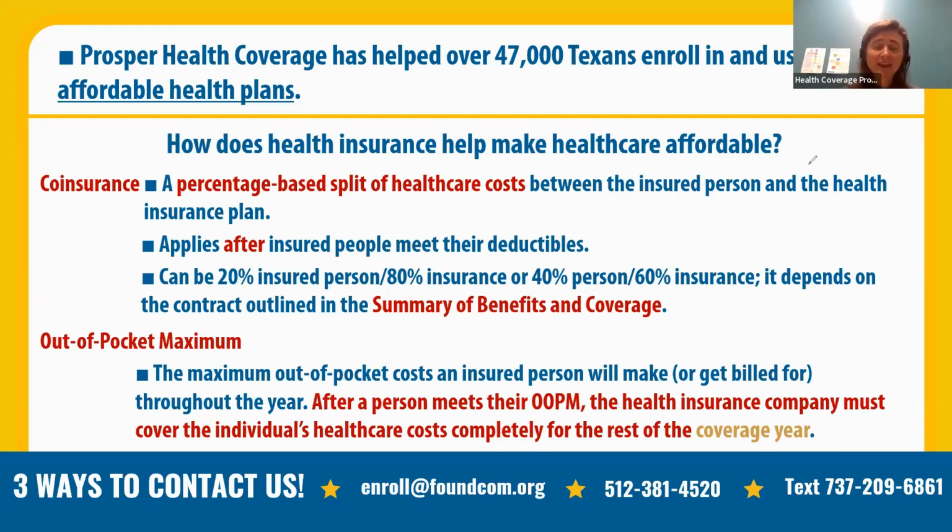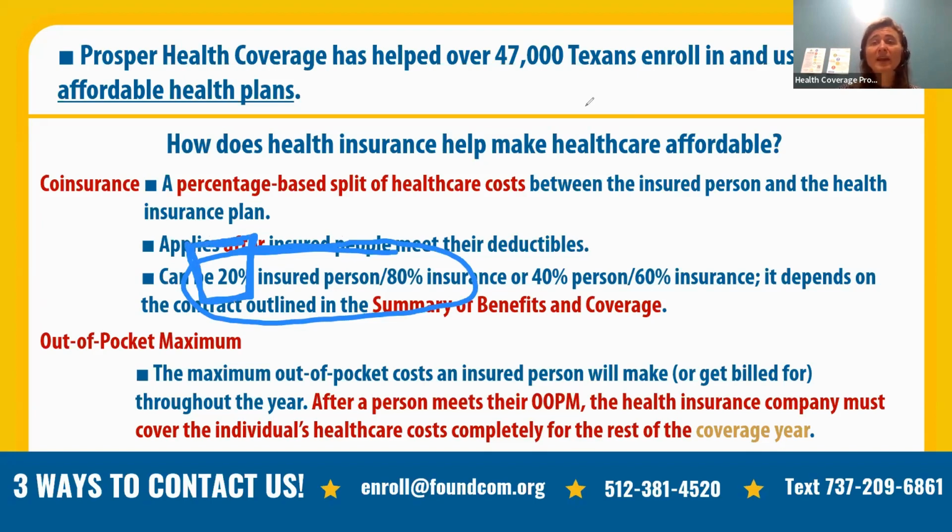So say that person needs more expensive healthcare after they get those initial tests, and maybe their coinsurance split is 80-20. But if a surgery costs $10,000 and a person is paying 20% of that, that's still a $2,000 cost.